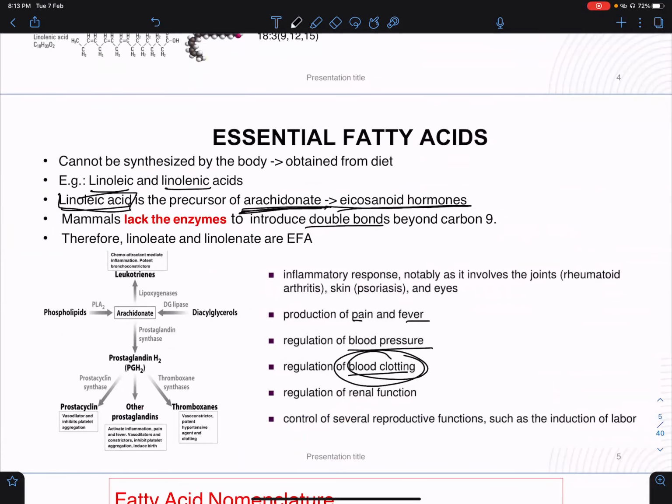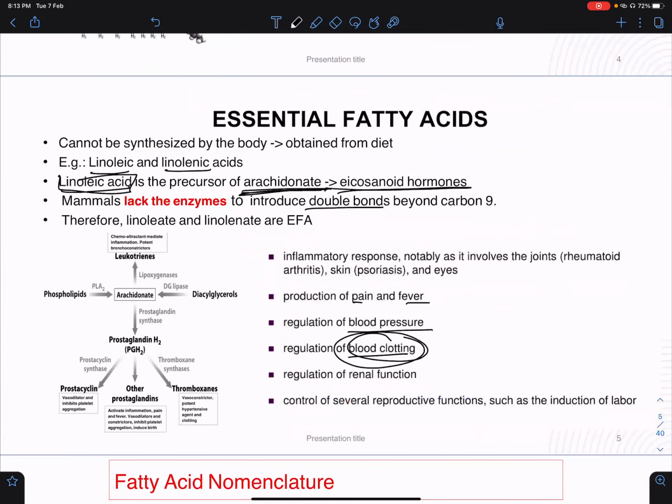The most important function of these hormones is blood clotting, which you need to heal your wounds. If you have a cut or scratch on your skin and the blood starts coming out, don't you notice in a couple of minutes the blood dries out, or you feel a clot forming?